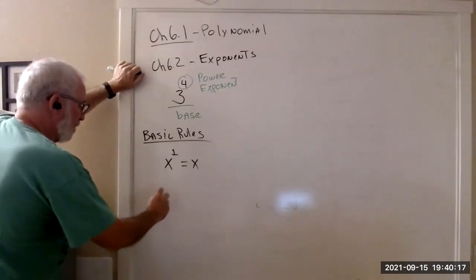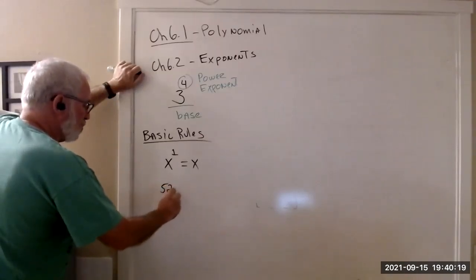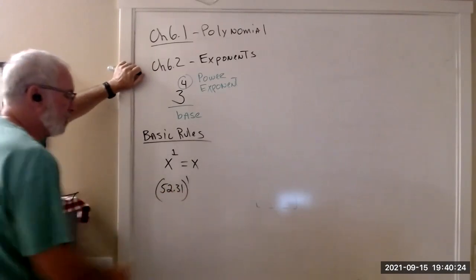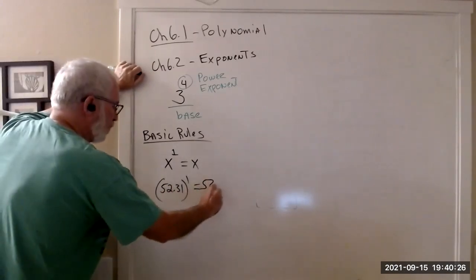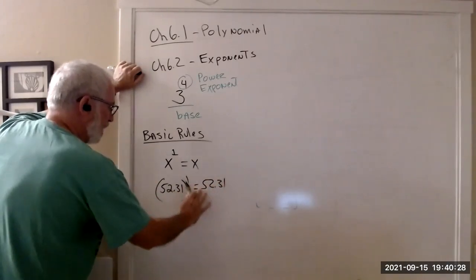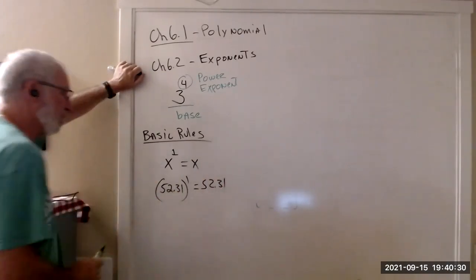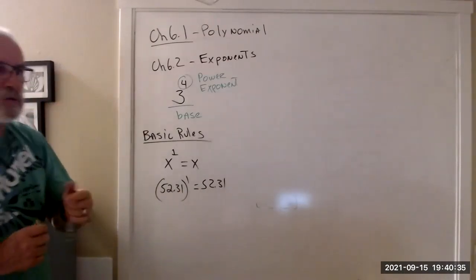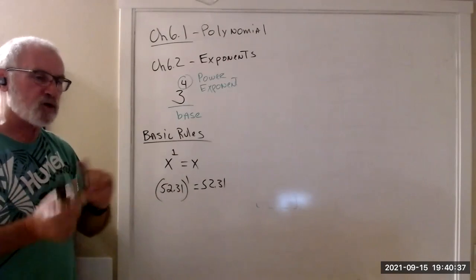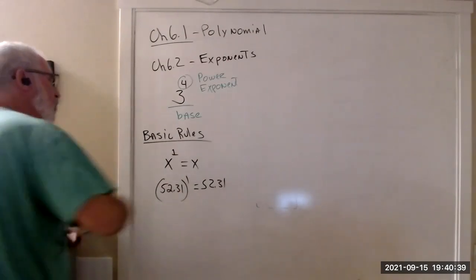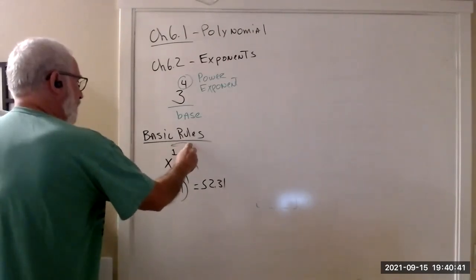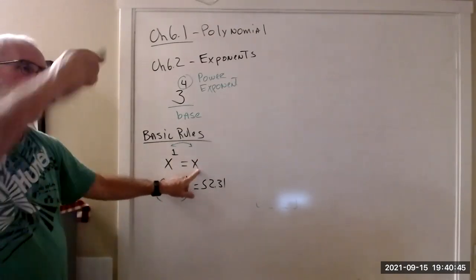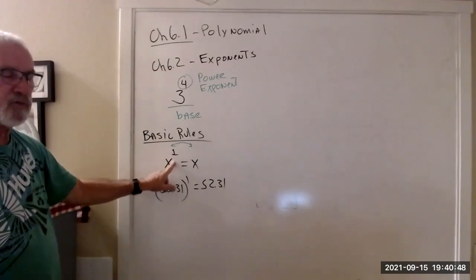Okay, 5(2.31) quantity to the first power is 5(2.31). Any number to the first power is itself. Notice this rule is what we call bidirectional. It goes both ways. If somebody writes x, they mean it has x to the first power on it.